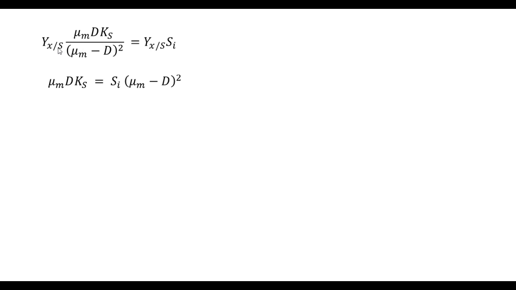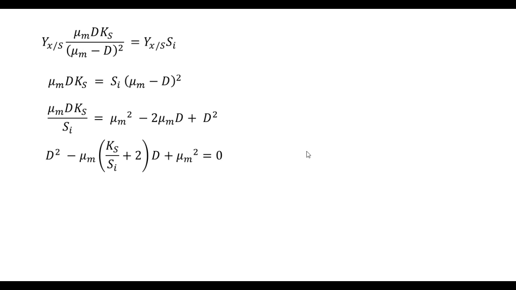Now we can cancel out the Y_XS, and multiply both sides by mu m minus D squared. Then we get the semblance of a quadratic equation, D mu m Ks by Si equals, if you expand this, a minus b squared is a squared minus 2ab plus b squared, which is this, and I'm trying to write this in terms of an explicit quadratic expression in D.